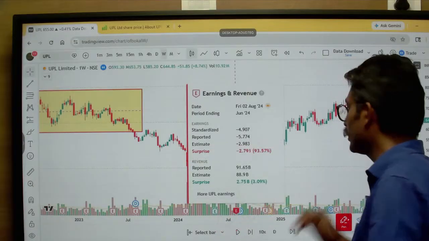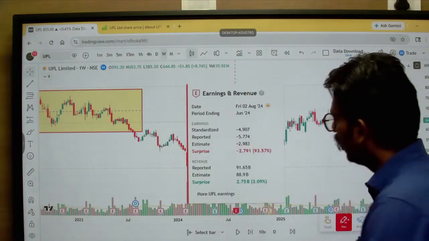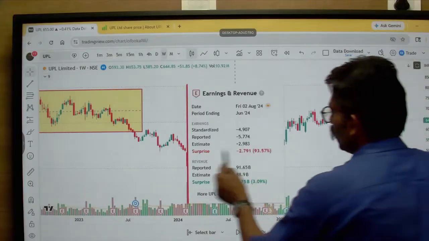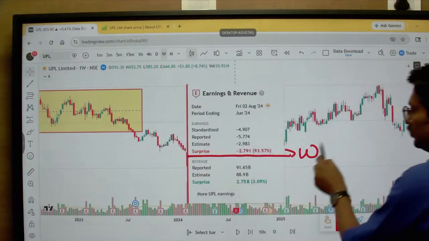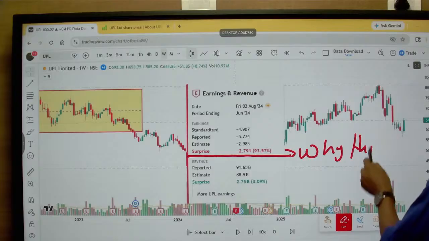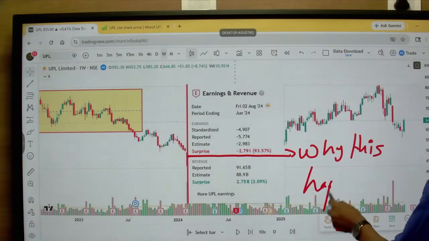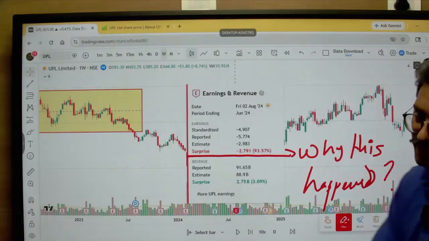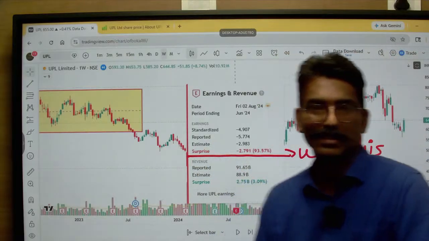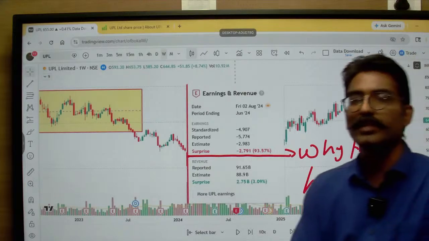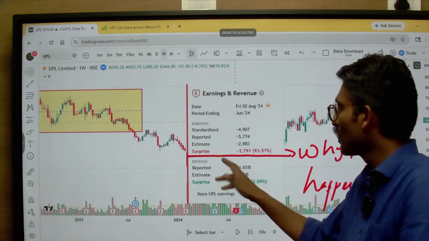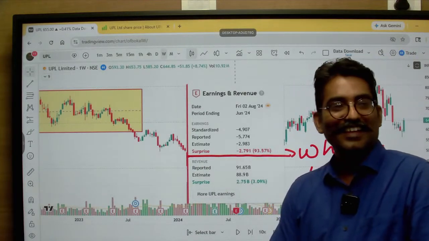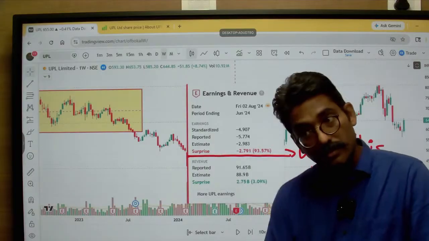Now, first thing first, as an analyst, what would you do? You would analyze why this happened. You will go and investigate why this happened. People just read this as a number.